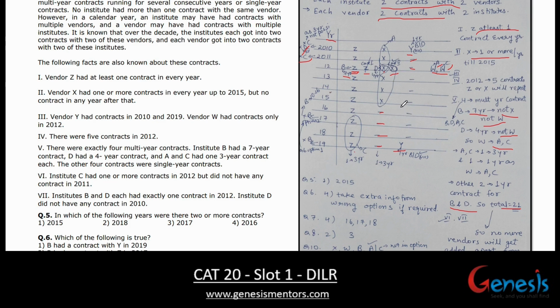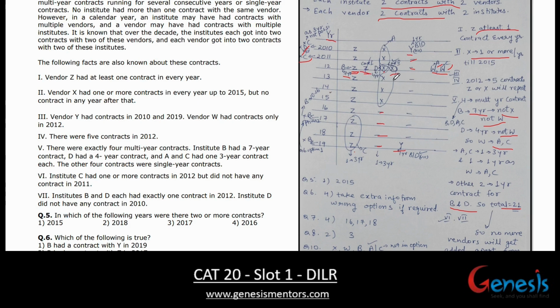Now, if we take B and D, B's 7 years are sure from 10 to 16. The remaining 17, 18, 19 for Z is either A or C, right? Now, talking about D, if D's 4-year contract is from 2010 to 2013, then definitely I will not get the 3-year contract, right? And if D's total is 6 years, then I will not get a 3-year contract like this either, so for the 5 contracts in 2012, definitely there will be no contract with vendor Z for any of them.